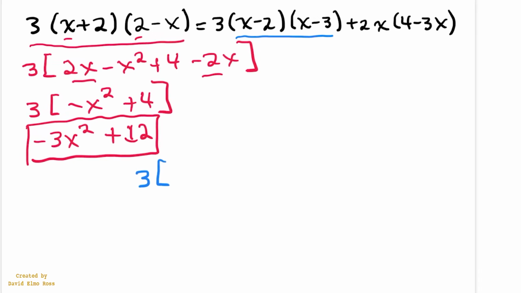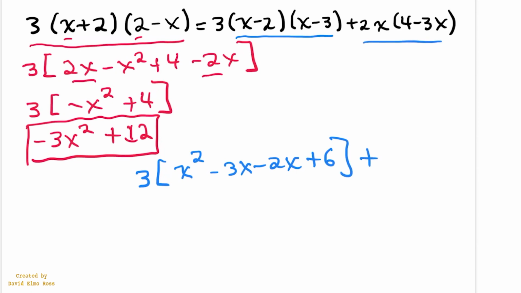This is going to be x squared minus 3x minus 2x plus 6, and then we're going to simplify this term, which is going to be plus 8x minus 6x squared.